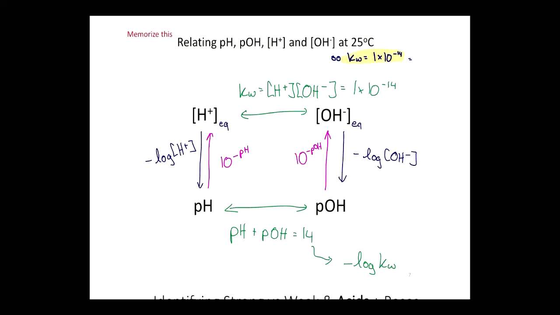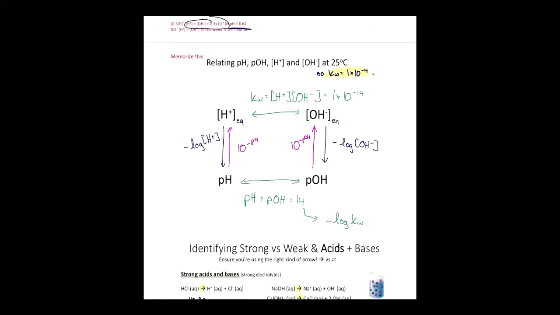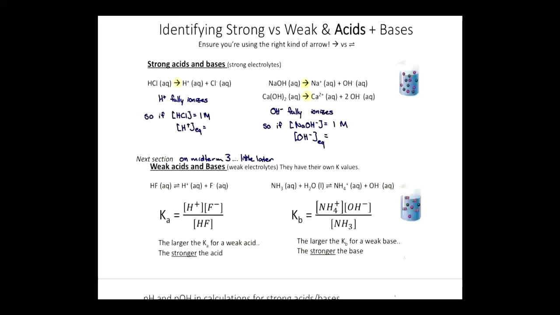You know all 4 quadrants as long as you know one of those values because of the relationship through Kw. So that's how you navigate that square for an aqueous solution where we're talking about acids and bases. Okay, so we'll use that in calculating pHs of various solutions.